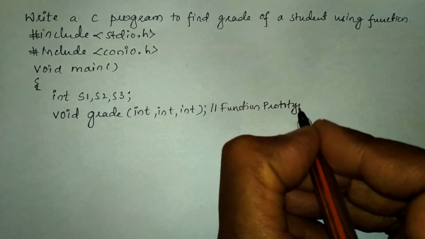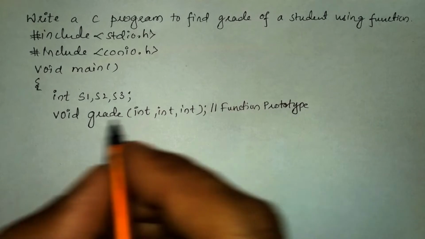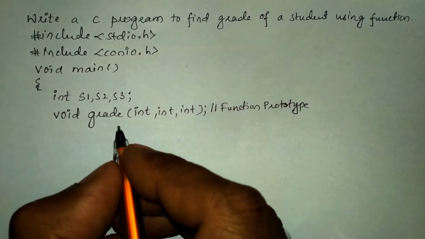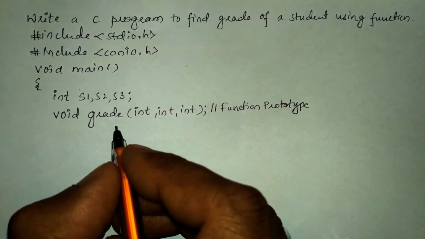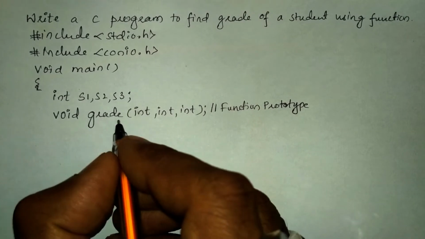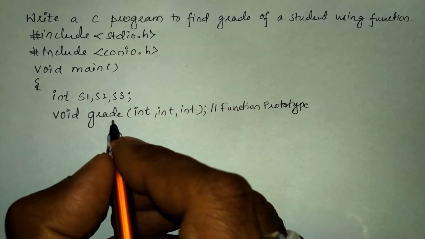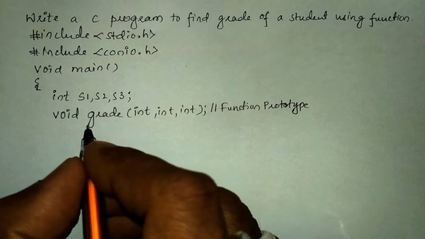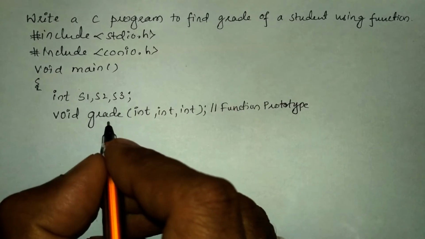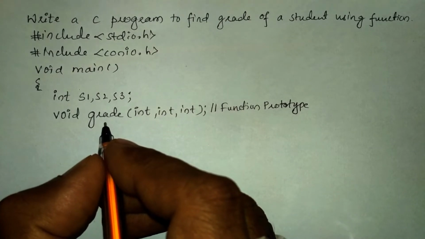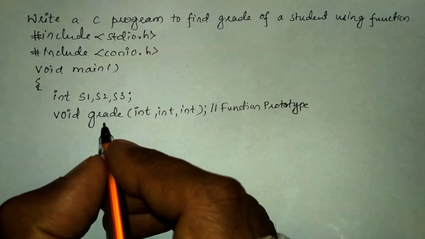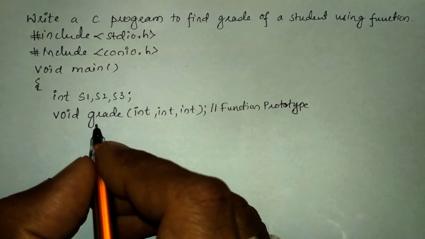So function prototype means it is a function declaration that tells the compiler to search for this particular function. So it creates an interface for the compiler. So the definition of this particular function will be searched by the compiler and it is going to execute the statements which are present in the function definition.